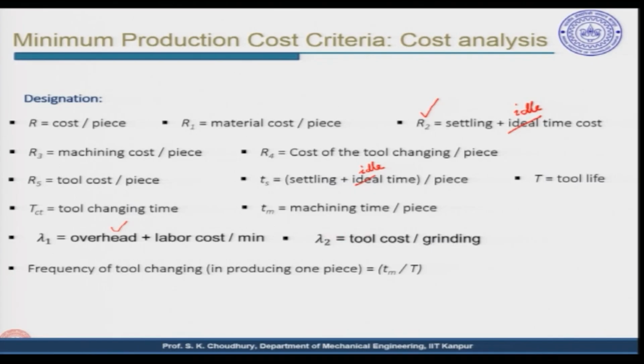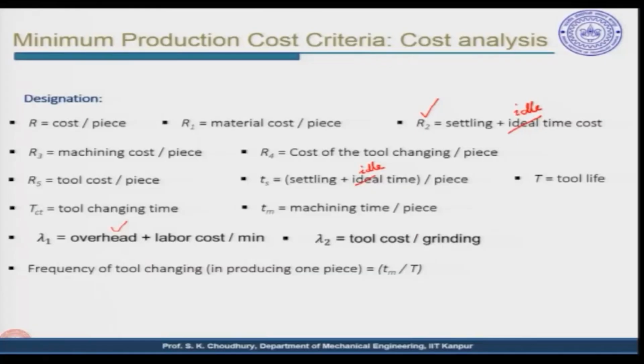And lambda 2 is the tool cost per grinding. Each time it is ground, the tool is being worn out. Let us say a tool can be ground 5 times maximum. If the earlier tool costs 100 rupees, then per grinding 20 rupees is lost, because after 5 grindings the tool cannot be reground.